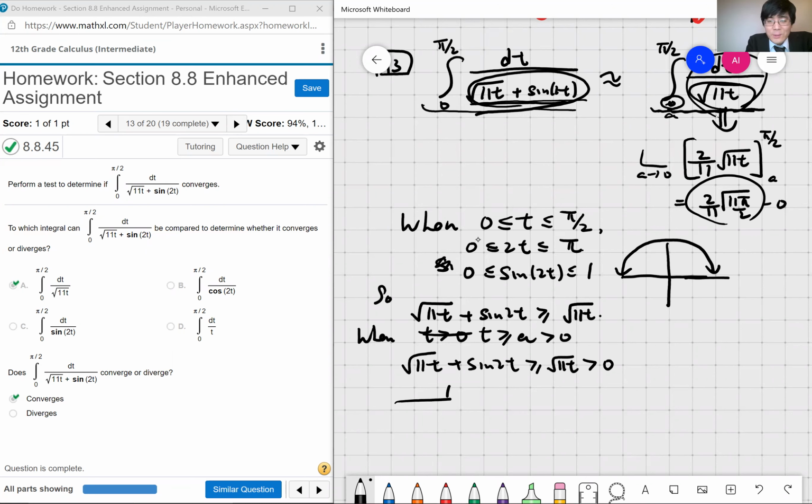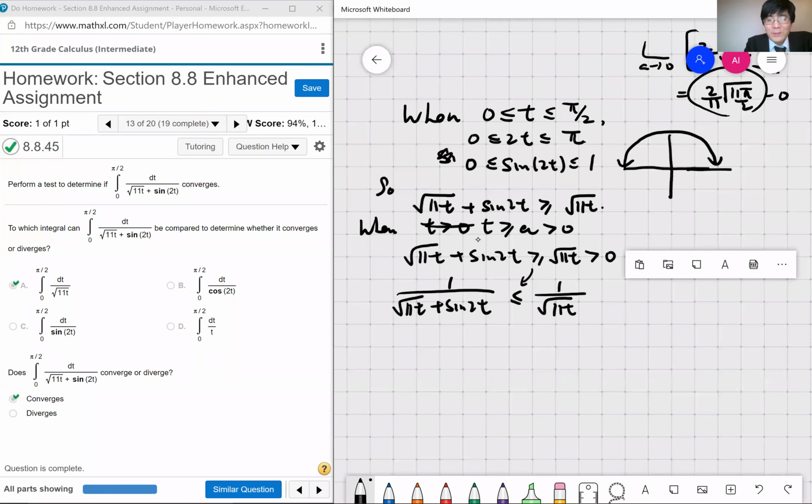So its reciprocal exists, and for the reciprocal, this flips. The greater the denominator, the smaller the fraction becomes. So when you graph those two functions, let's say this is f and this is g.